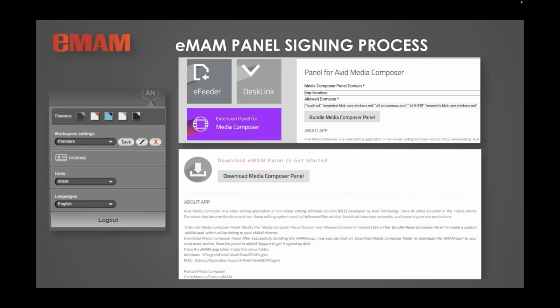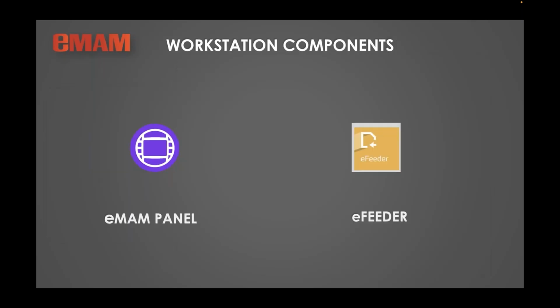This will bundle the panel as an AVPA file. Then you can send the AVPA panel to the EMAM support team, and the support team will help to get this signed by Avid. Once the signed AVPA is available, you can place that in the respective folders and then restart Media Composer. Then the EMAM panel will be available in the tools menu.